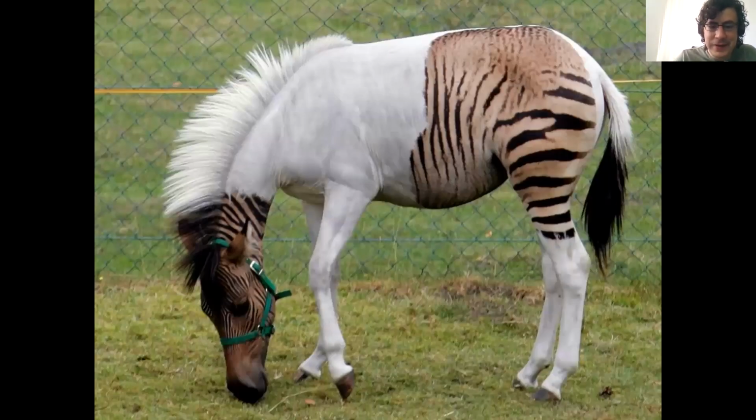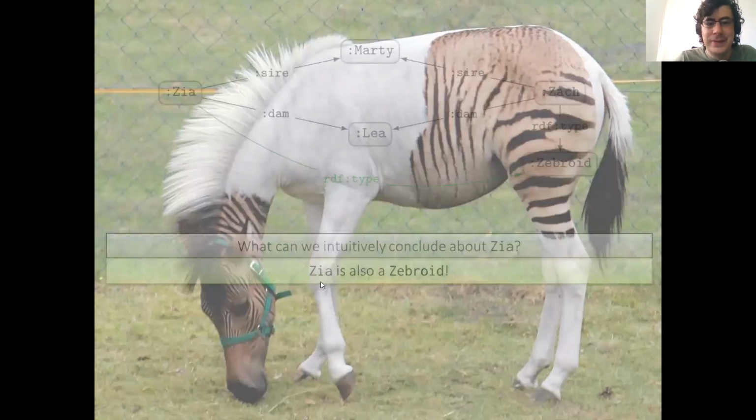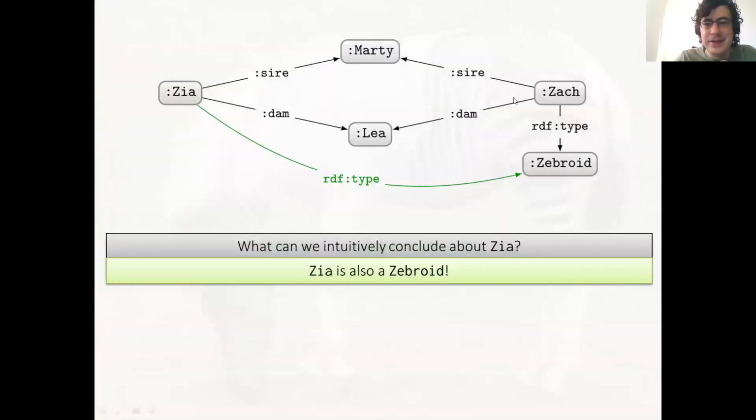So this means that when we talk about zebroids, we spoke about ways we could define zebroids using ontologies. But if we were to apply these rules, we wouldn't infer that Zia is a zebroid based on the parents, right? So based on this example here, we said that, okay, if Zia has sire Marty and dam Leia, and Zach has sire Marty and dam Leia, the same parents, then we could infer that Zia is a zebroid, right? But we wouldn't get this inference with these rules.